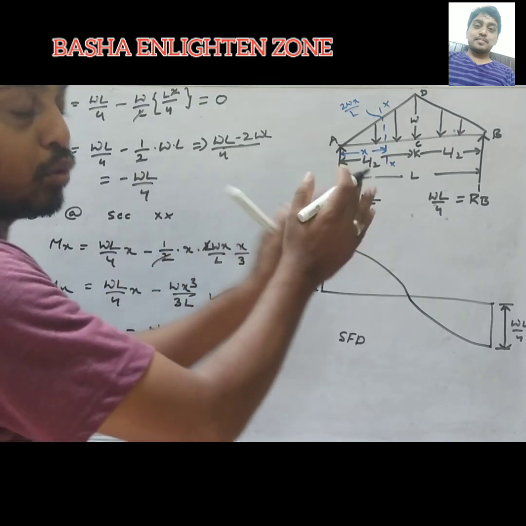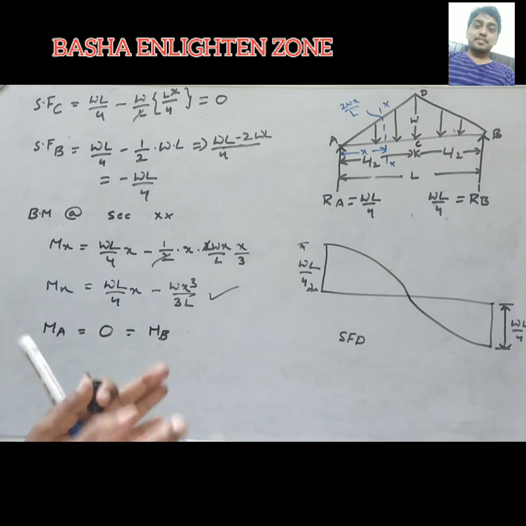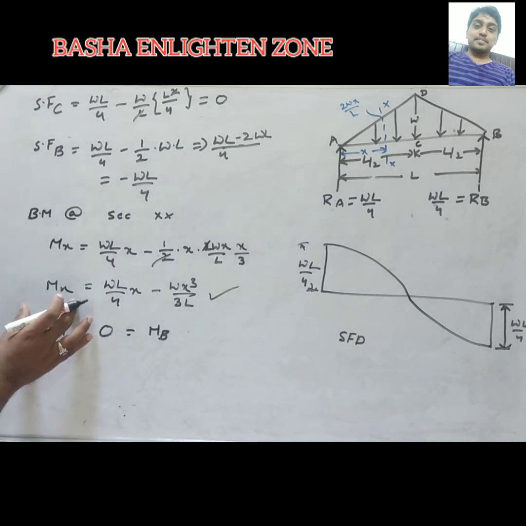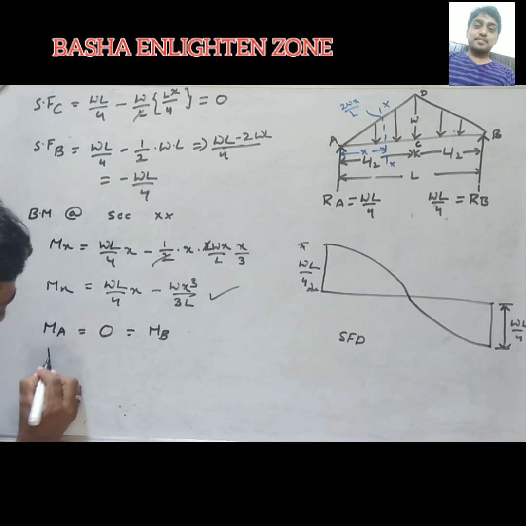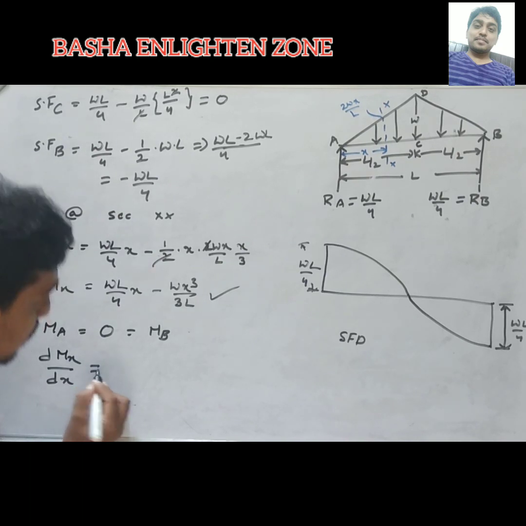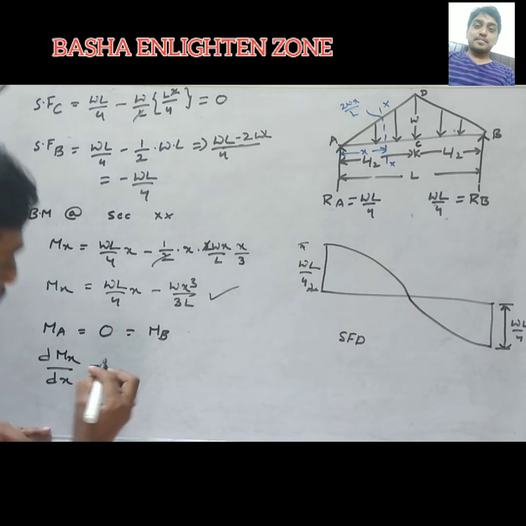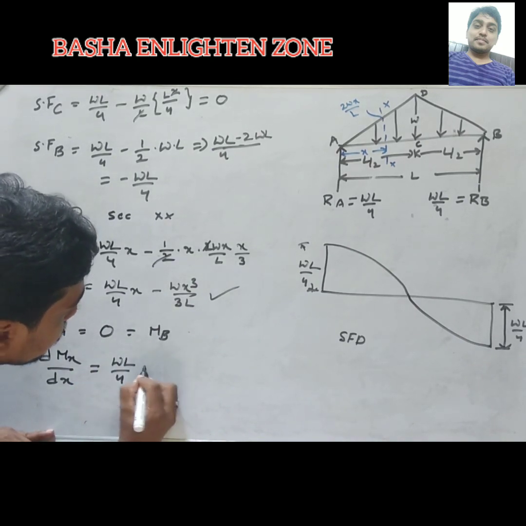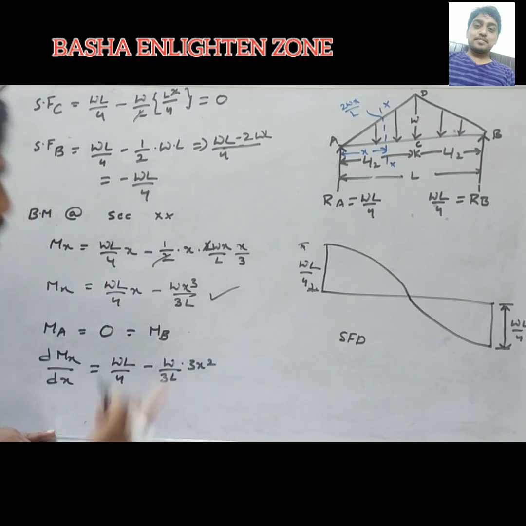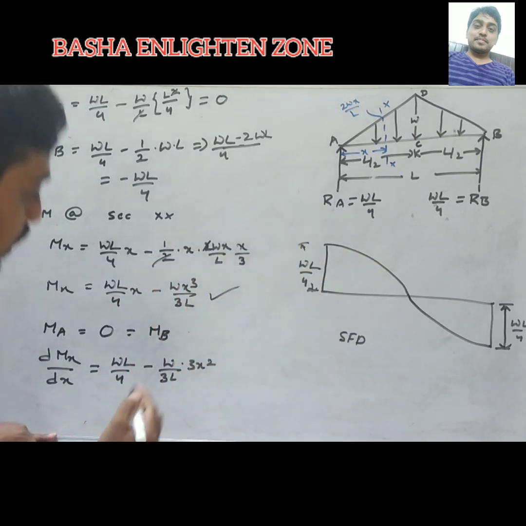Then I want moment at C position. Again here I want to know where the maximum bending moment occurs. For that, I am differentiating this moment with respect to X, because based on that we will know where the maximum bending moment position is. So WL by 4 minus W by 3L into 3x square, where differentiation of x power n equals n into x to the power of n minus 1.